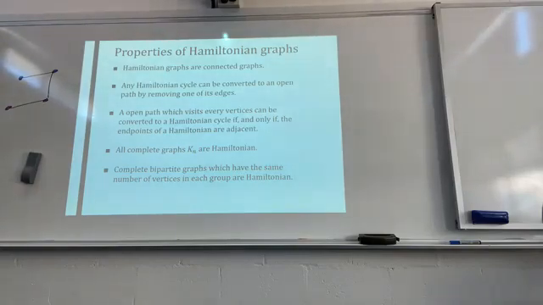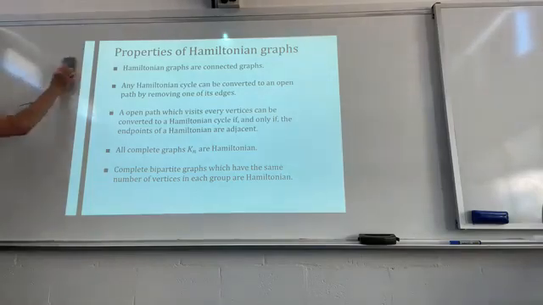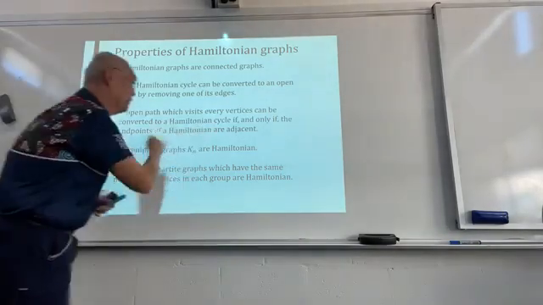So this one, an open path which visits every vertex can be converted into a Hamiltonian cycle if and only if the endpoints of the semi-Hamiltonian path are adjacent. So you can actually connect it that way. All right? If you were asked a question like this, how would you convert it? You have to connect the endpoints. So once you connected that, that becomes a cycle, correct? Yeah? I've got to edit that.